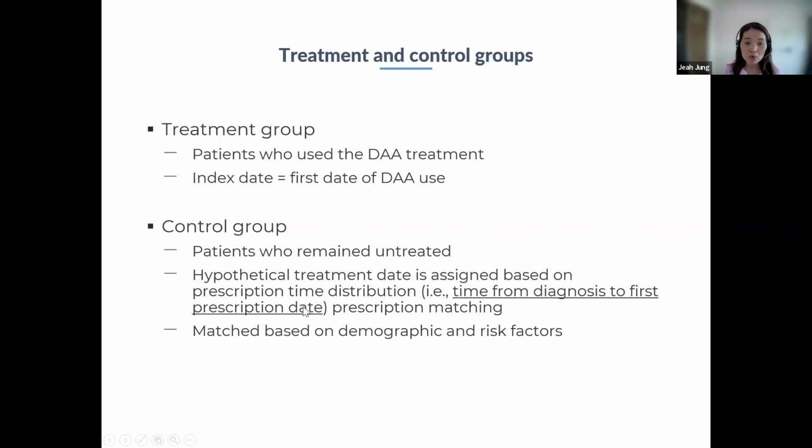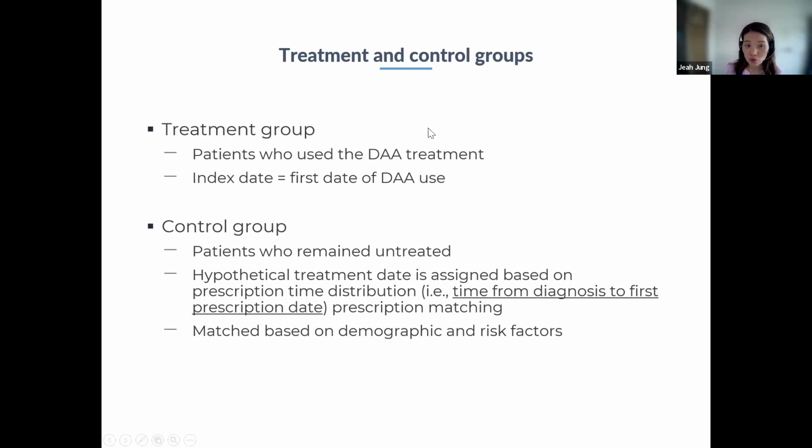The idea is that we got the time from diagnosis to first prescription date from the treatment group. For everyone in the treatment group, those who use DAAs, their diagnosis date is somewhere in 2014, and then we can identify when they start using DAAs. So there is a time to treatment from diagnosis.